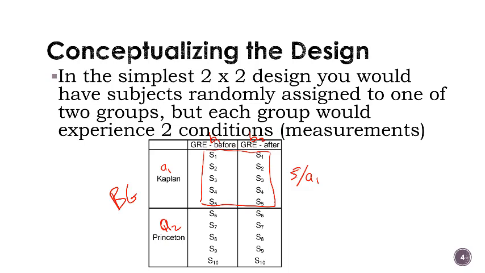So all these subjects, 1 through 5, are nested within A1. All these subjects are nested within A2. So when we start thinking about the S within A effect, we have to average that consistent error across the A1 and A2 groups and get a consistent S within A effect.